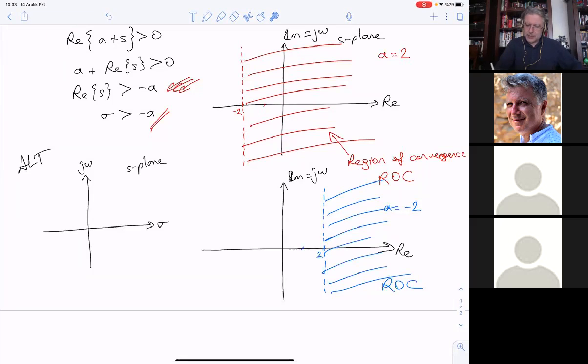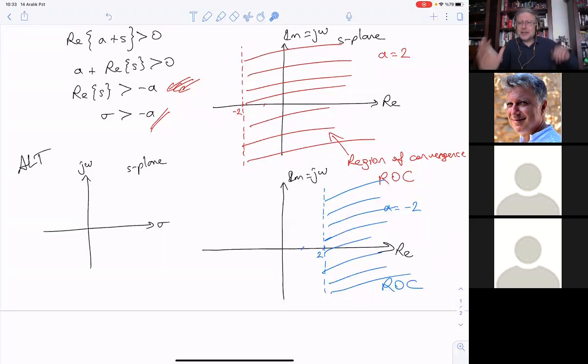However, if the j omega axis, this one, is not included in the region of convergence, then it means the Fourier transform essentially does not exist. But the Laplace transform exists. It is still equal to 1 over s plus a, but the region of convergence is here to the right of 2, for example, for this question. And the Fourier transform does not exist because the j omega axis is not included.